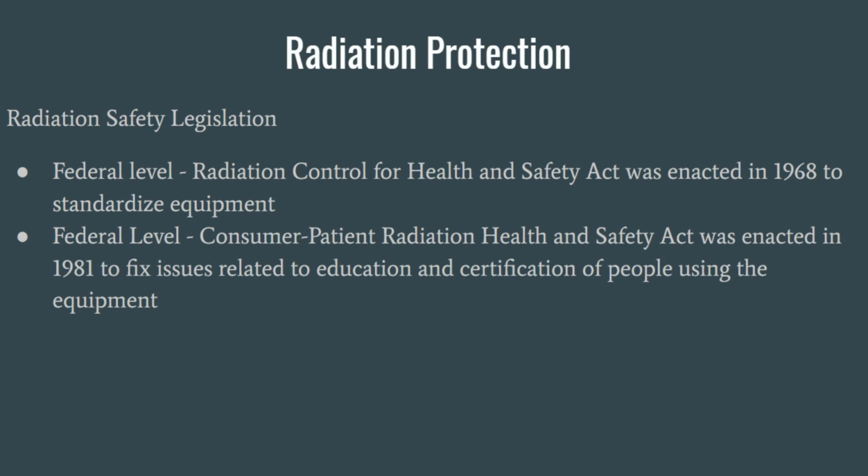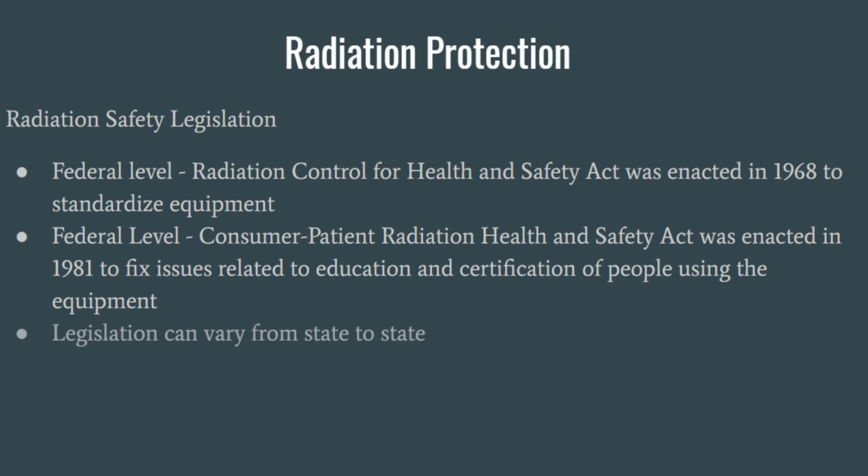Accreditation means you get the approval to be a school. So this act put into action the standards that a school must meet in order to teach radiation. There are other factors with legislation that can vary from state to state. So be mindful of what state you're in and understand the laws that apply to you when it comes to dental radiography.